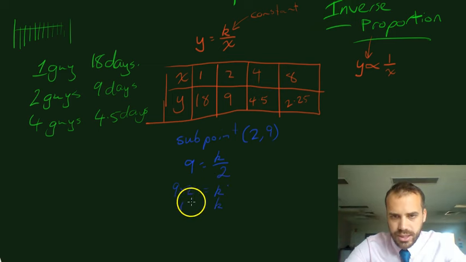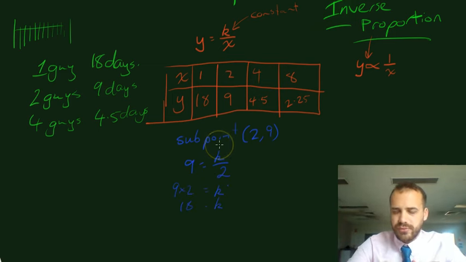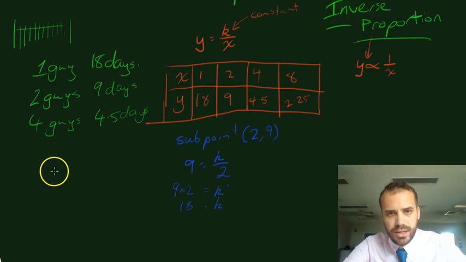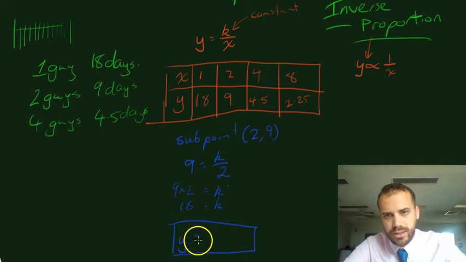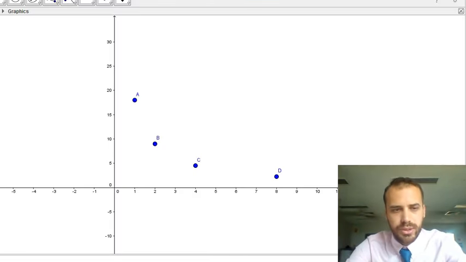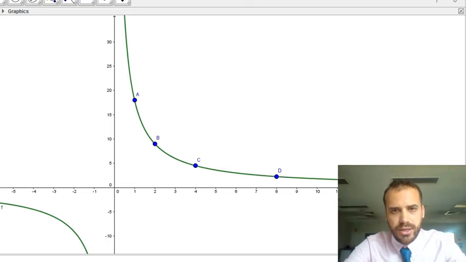So k is going to be equal to 18. So therefore, the equation of the time it takes to create my fence is y equals 18 over x. And of course I can write that in Geogebra now, y equals 18 over x. And it'll fit my line here.